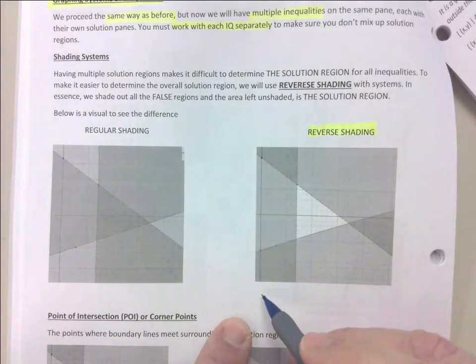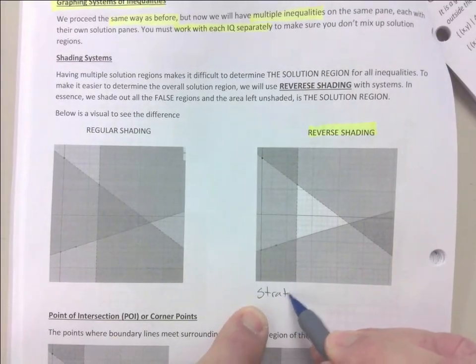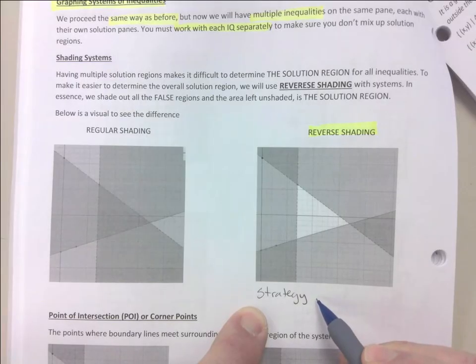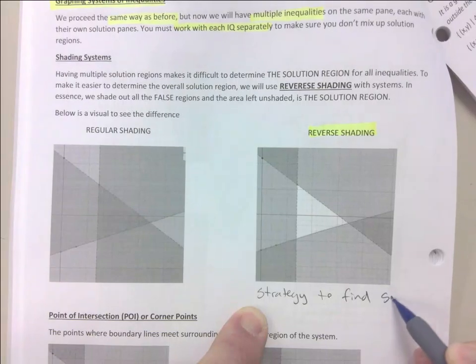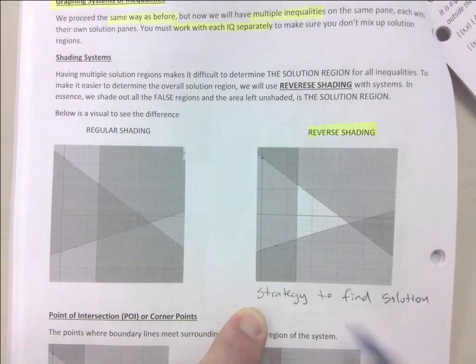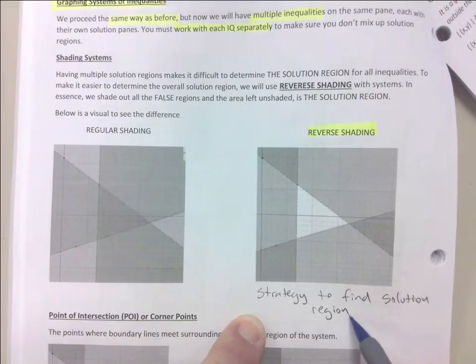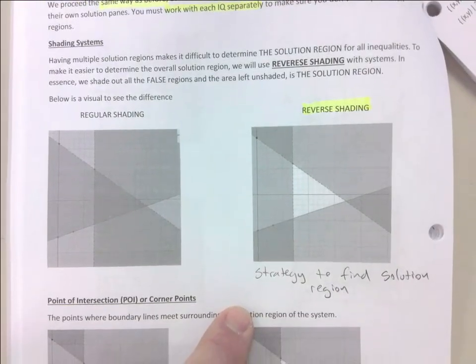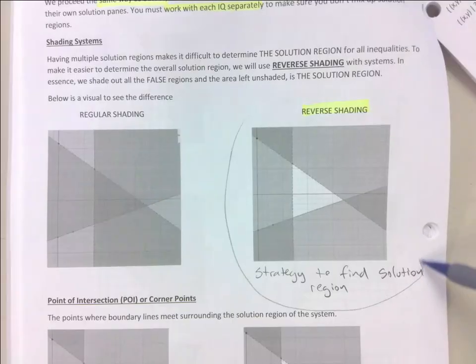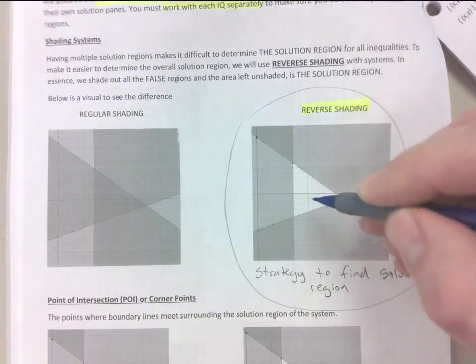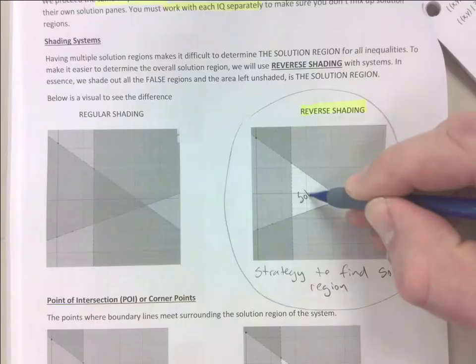So this is a strategy to find the solution region. I will remind you, even on the test, if you ask me, should I do reverse or whatever, I will basically say, if it's a system, use reverse shading. So this is the solution region.